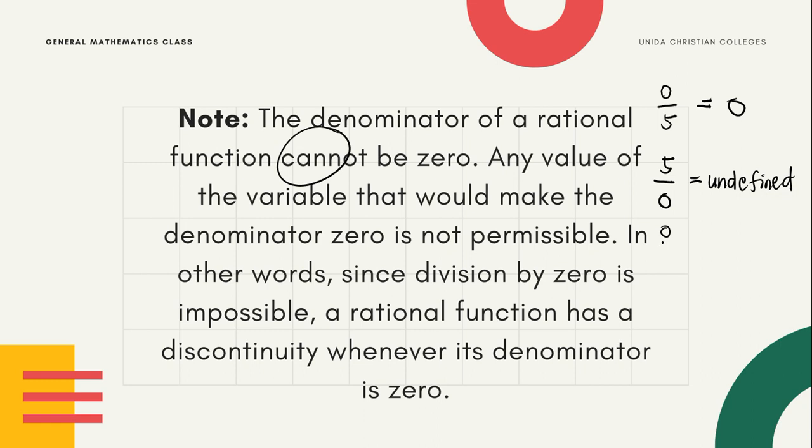And then, if both your numerator and denominator is 0, then the answer is indeterminate. Again, 0 divided by 0, the answer is indeterminate. Okay, remember ha, bawal maging 0 si denominator. Bakit naging bawal maging 0? Kasi siya po ay magiging undefined.